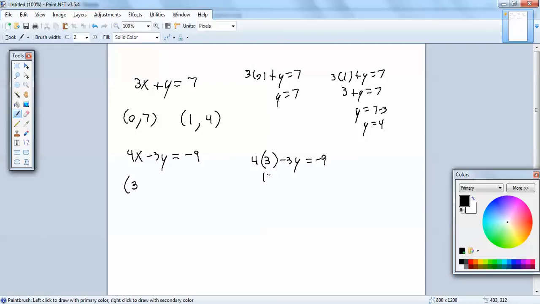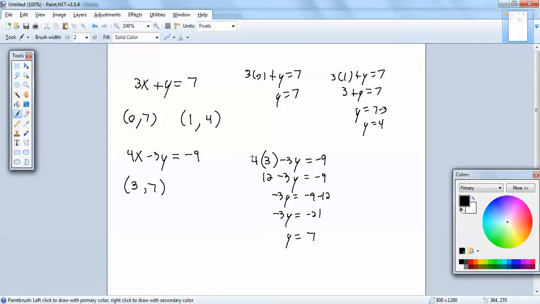What I did is I mentally plugged in 0, 1, and 2, and then got to 3, and I think it works out. 4 times 3 is 12. Take 12 over. And we get negative 3y is equal to negative 21. Divide both sides by negative 3, and we get 7.